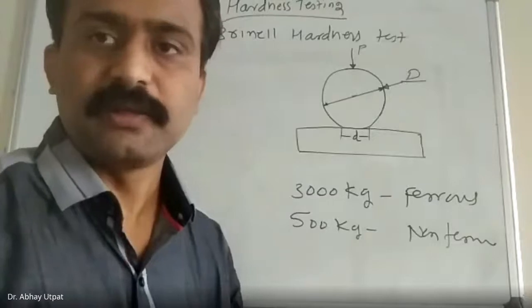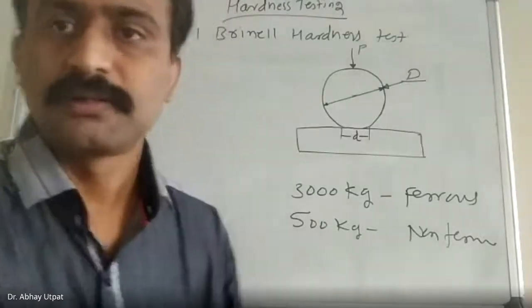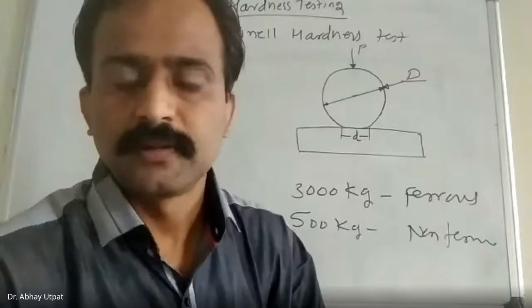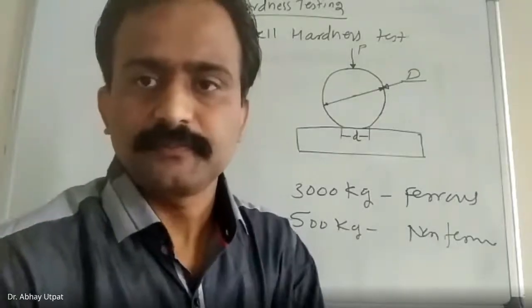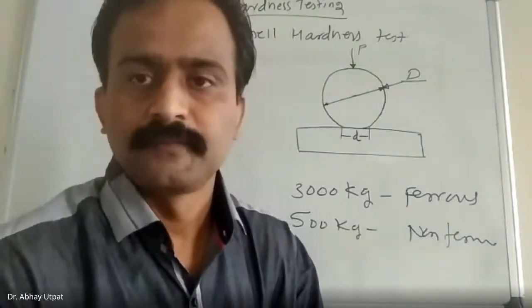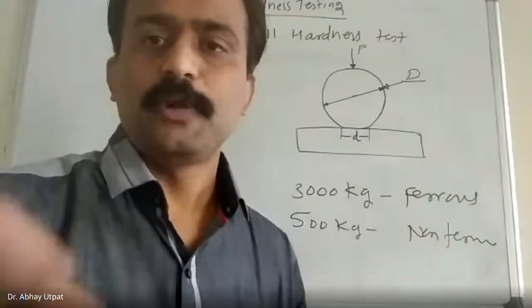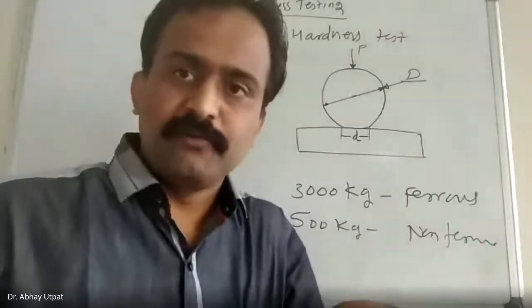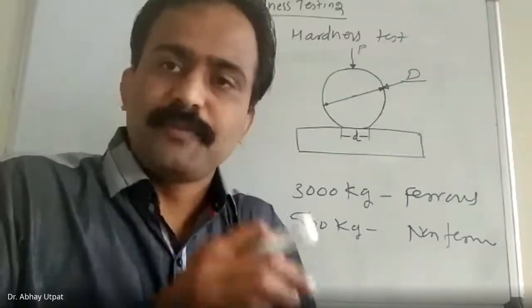Then justify your answer. Samruddhi. Sir, as the value of small d will be less, so we can say that hardness will be more because... Yes, you are correct. Simple logic: soft material will form a larger diameter of impression. Hard material will form less diameter of impression.